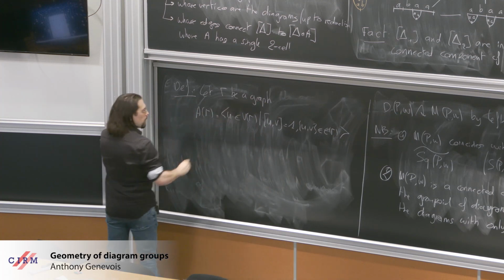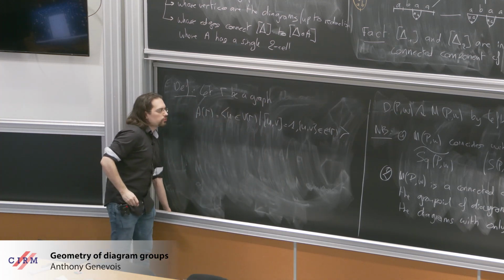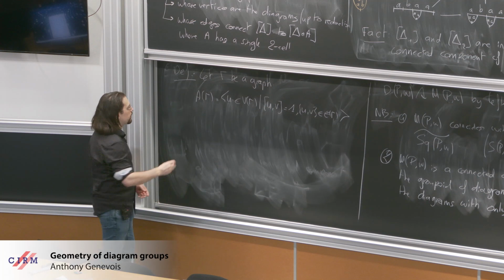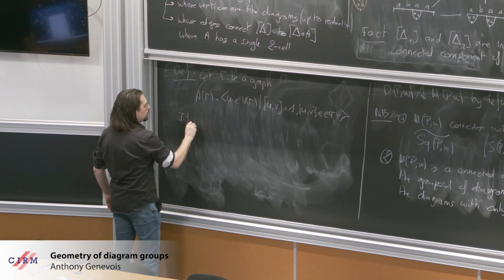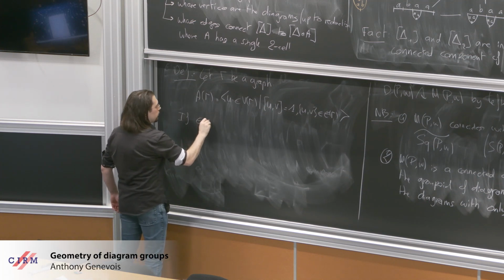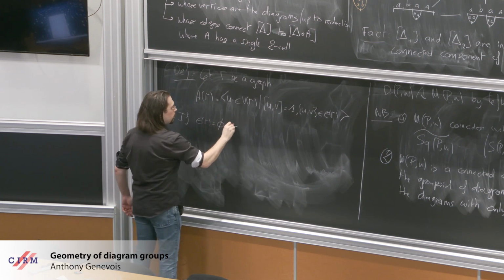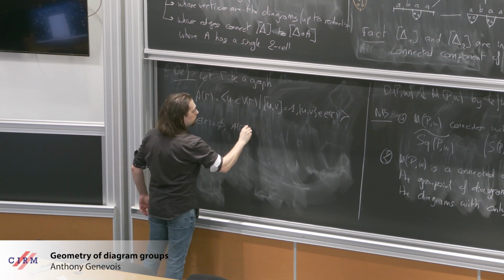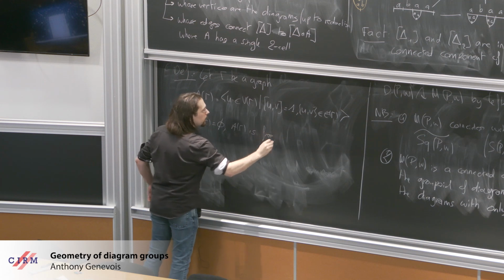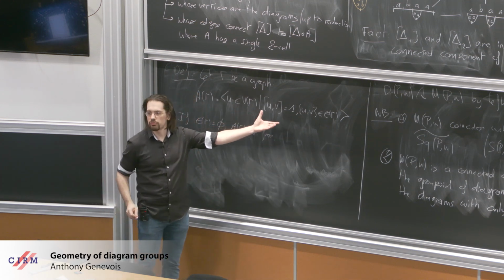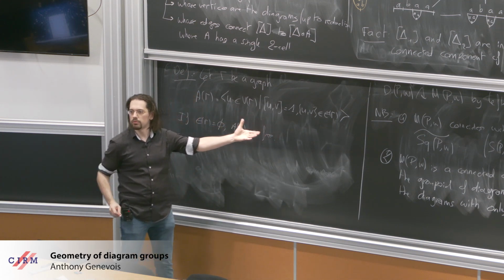Okay. So the idea to keep in mind is that if there is no edge, A gamma is free. Right? Because I do not have any relation, so my group is just a free group.